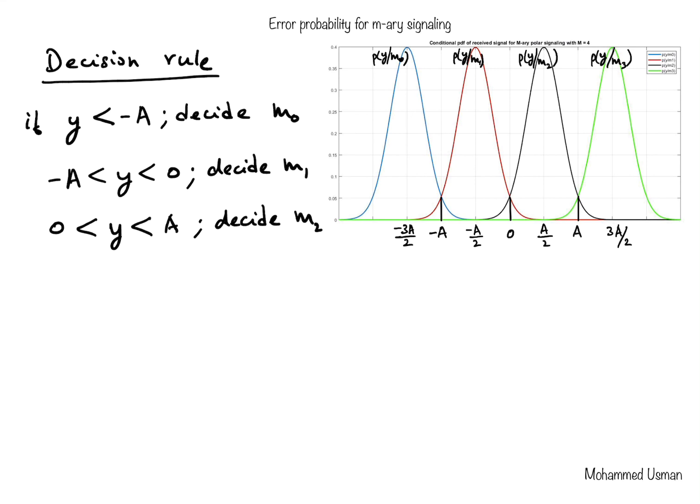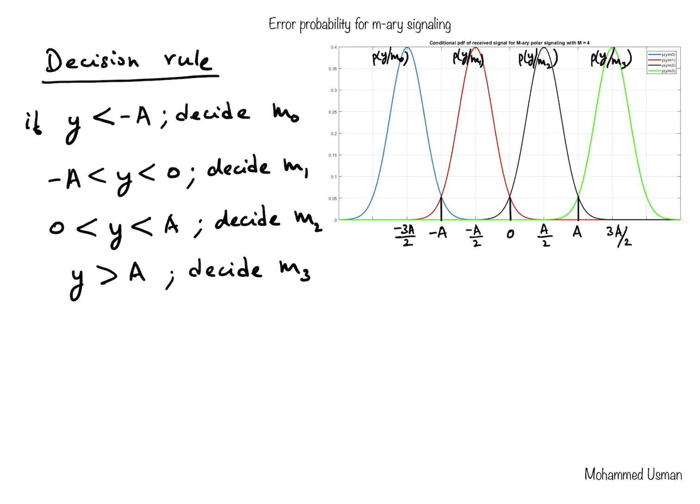And when it is greater than plus A, that means to the right of this threshold A, the area under the green PDF is largest, so the probability of M3 is largest in that case. So when the received signal y is greater than A, decide M3.